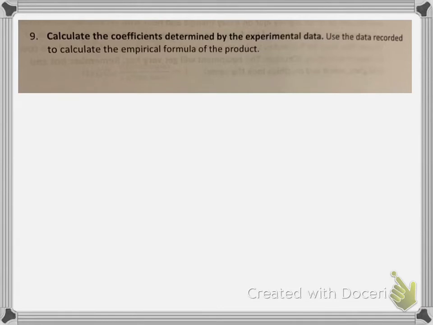So let's take a look at a few things so that you can think about what you need to calculate. So I mentioned earlier the mass of the potassium chlorate.